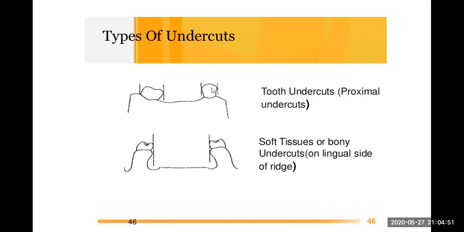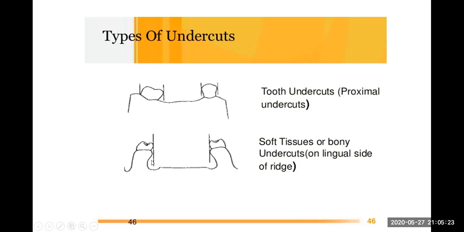Now, I told you before, undercuts can be tooth undercuts and can be tissue undercuts. If you are following my pointer, here you see the alveolar ridge where this tooth is standing. Here you have your undercut, tissue undercut. For example, if you are making a denture, this is not a desirable undercut.